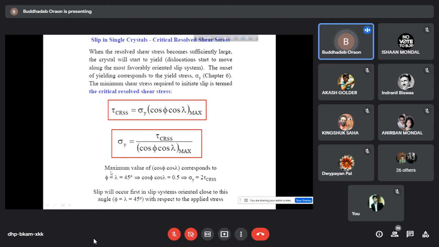That is the idea. When phi and lambda equal 45 degrees, the product is maximum at 0.5, so sigma_Y equals 2 times tau_CRSS. This is a very important relationship.